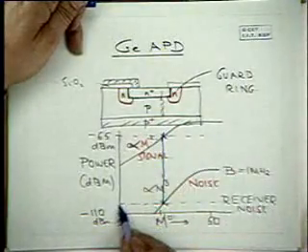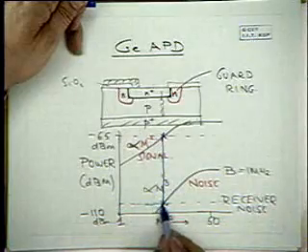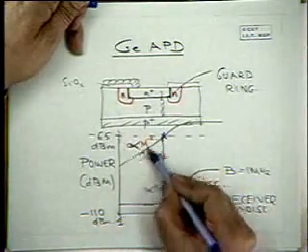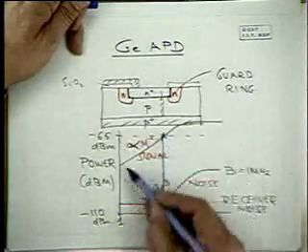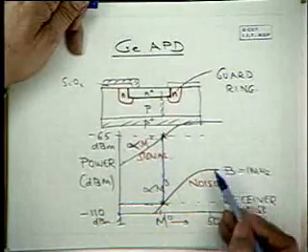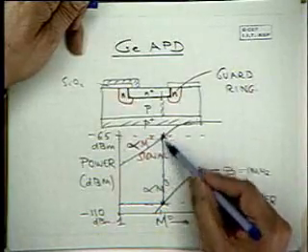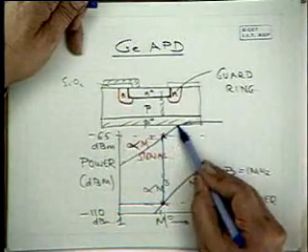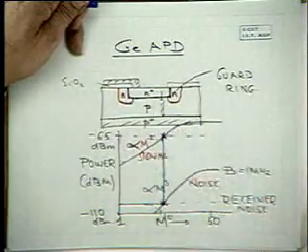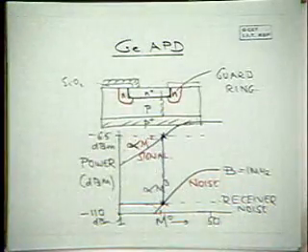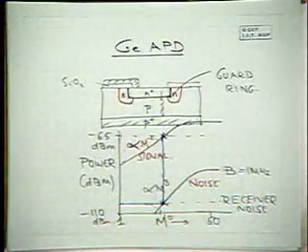Noise is constant here, signal is increasing. For signal to noise ratio, you're looking at the difference between this line and this line. The maximum difference is here, because thereafter the noise is increasing as m cubed. So this shows that there is an optimum value of multiplication factor which gives the highest signal to noise ratio.